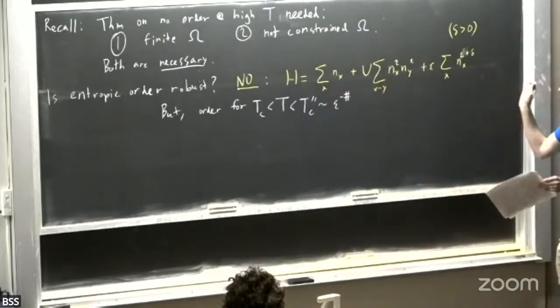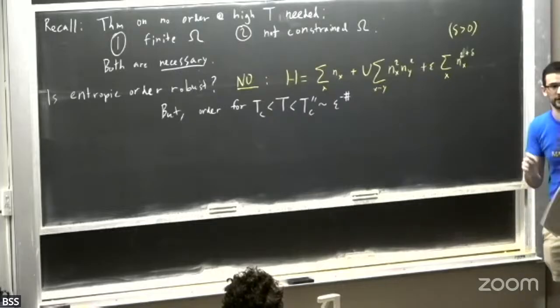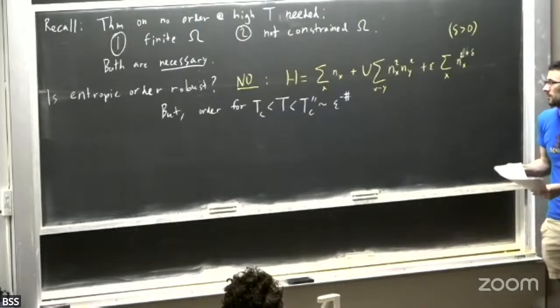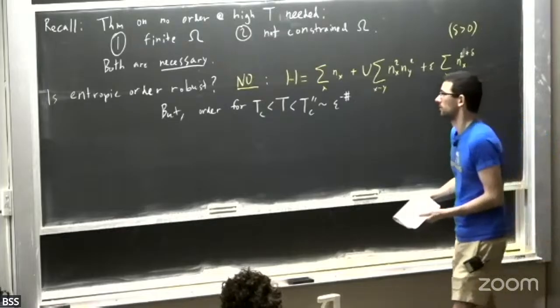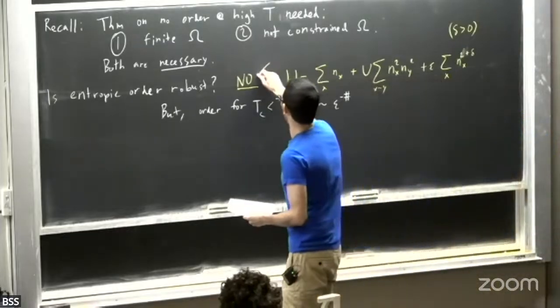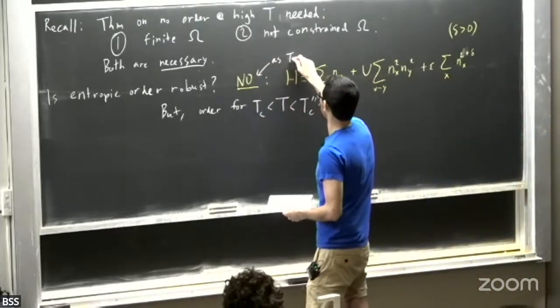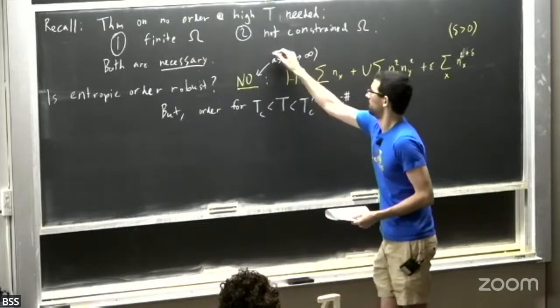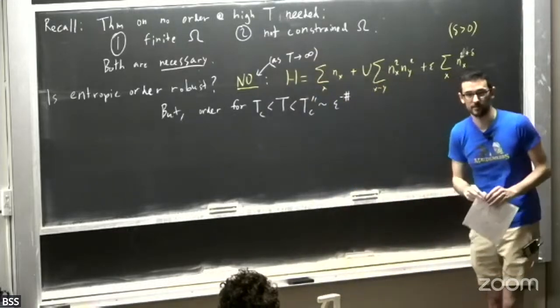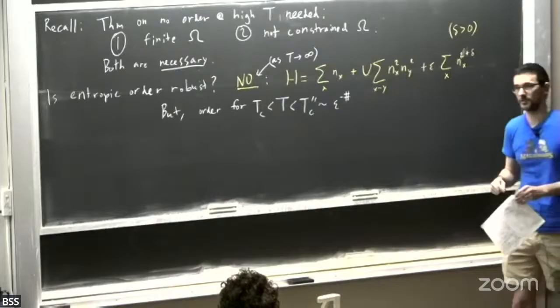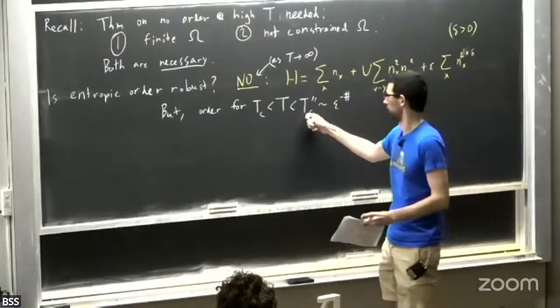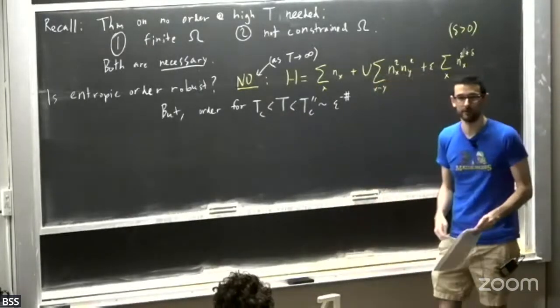So it still can be made arbitrarily large if epsilon is sufficiently small. So maybe we can qualify this with: as temperature goes to infinity, the entropic order is not robust, but perturbations just give you a transition back to disorder at very high temperature.